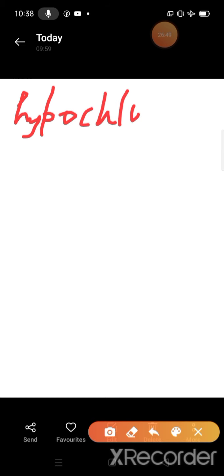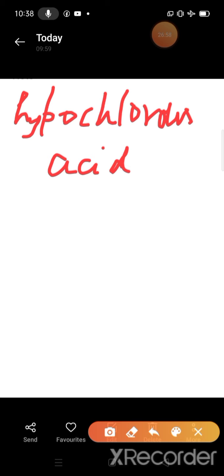Us means ite, so hypochlorite. The formula of hypochlorite is ClO negative. Its valency is 1 and H's valency is also 1. Valencies are cross transferred and the formula of hypochlorous acid is HClO.